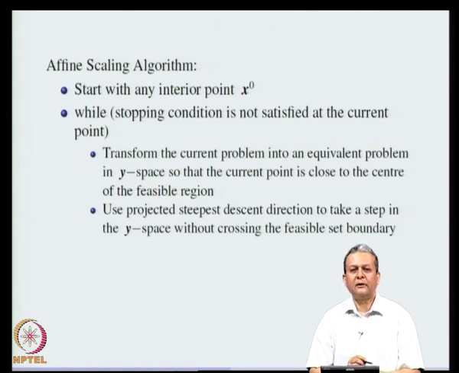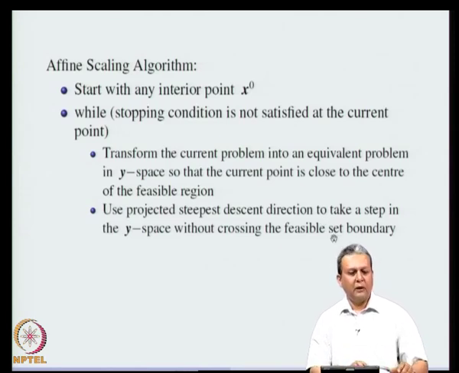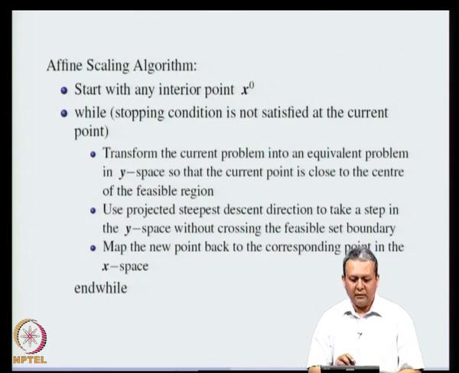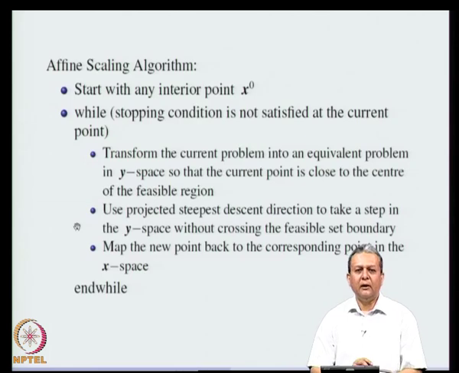Therefore, the step should be taken such that we do not cross the feasible set boundary. Now, once we find yk plus 1, we need to find out what is xk plus 1. So, the third step is to map the new point back to the corresponding point in the x space. This procedure is repeated till the stopping condition is satisfied.